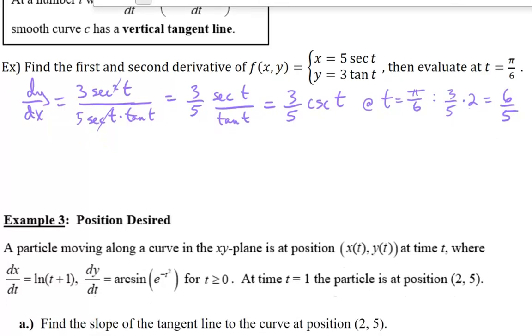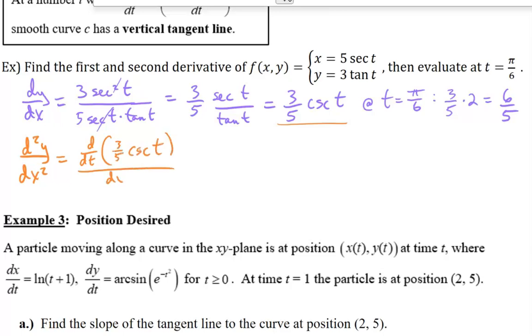Okay, and then for the second derivative, I'm going to take the derivative of this with respect to t divided by another dx over dt. So the derivative with respect to t of 3/5 cosecant t divided by dx over dt. You don't need to write this in-between step, but this is new, so we're writing out what we're doing so it makes sense.